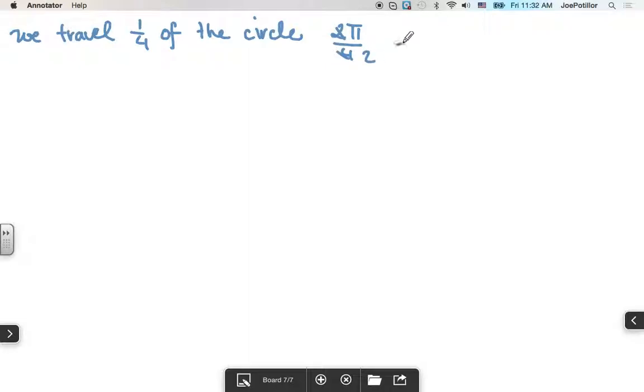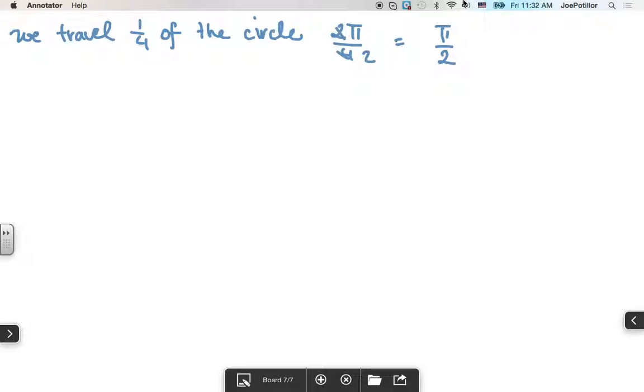So we travel 1/4 of the circle. Since we're traveling 1/4 of the circle, the total is 2 pi. Divide that by 4, I get pi over 2, which is another number you might wish to memorize.